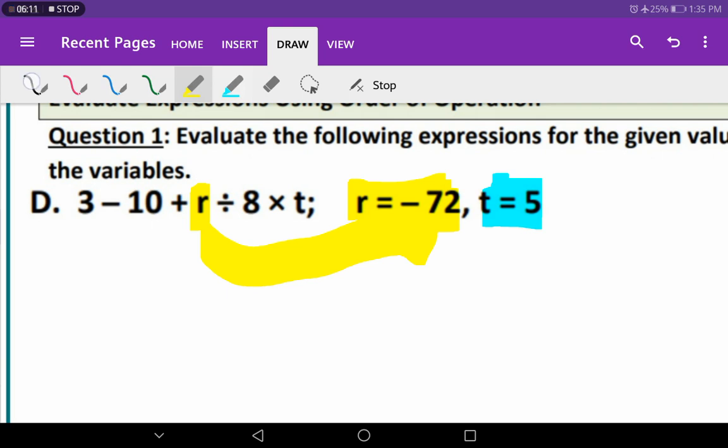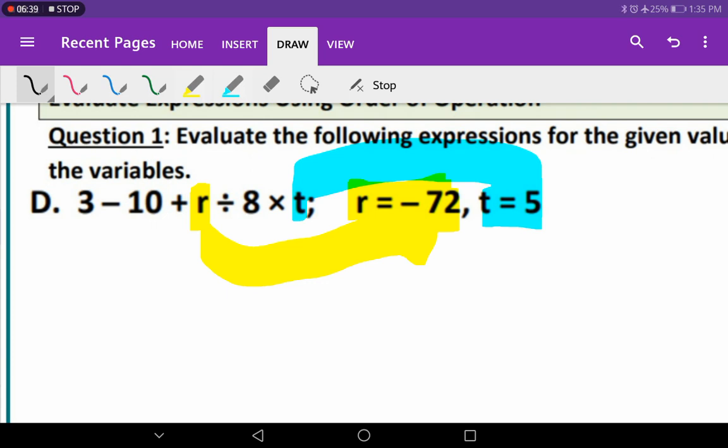Okay, so I rewrite the expression. It is a 3, and don't miss t equal 5. Let us rewrite the expression, but it stopped being algebraic. It converted to a numerical expression, because we removed all the variables and replaced them with the values of the variables.